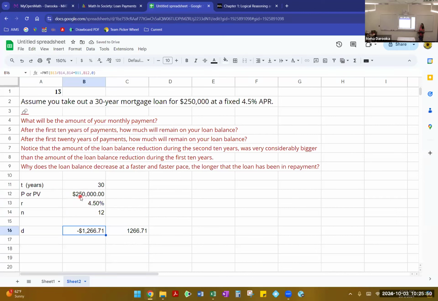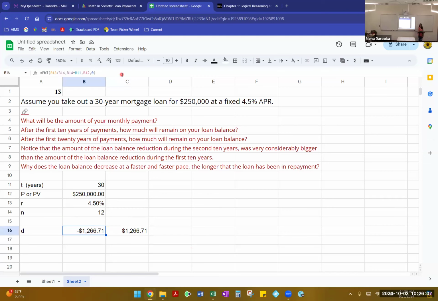And you can see, yeah, very nice. $1,266.71. So again, you want to make that into a positive number, so equal to negative, and then I'll just click on the cell. So that should change that to a positive number.